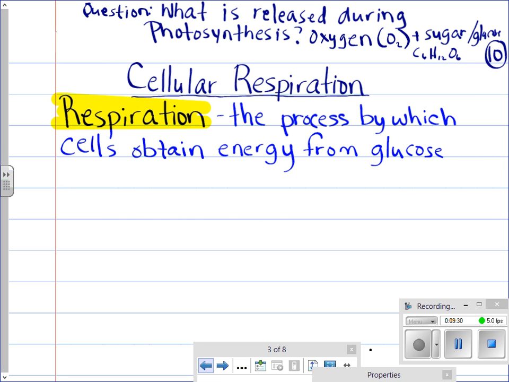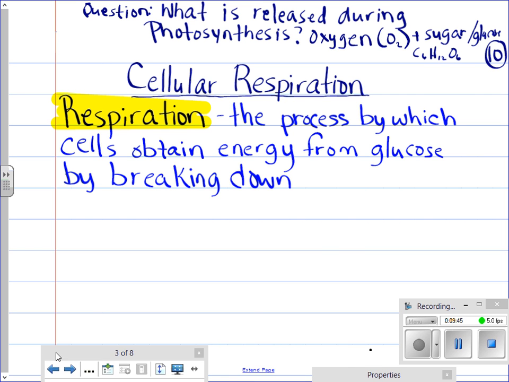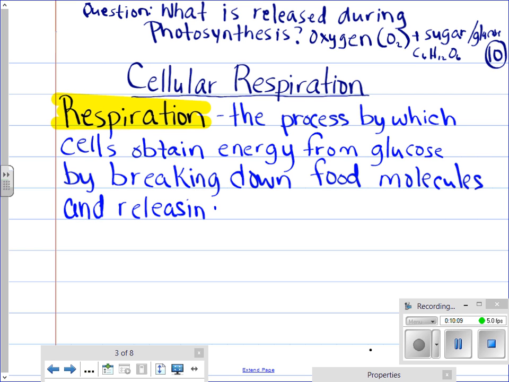So it's the process by which cells obtain energy from glucose by breaking down food molecules, and releasing, not carbon dioxide, not oxygen.